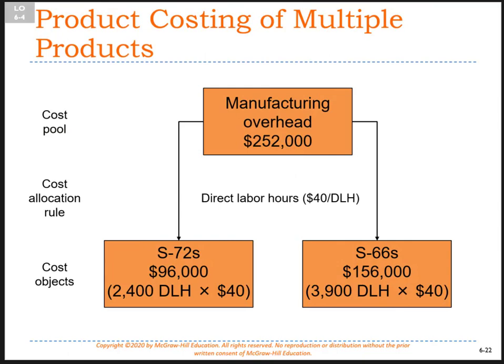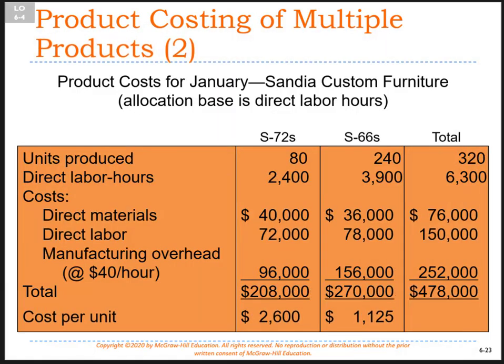Therefore, if the 252,000 is the total overhead, we're going to allocate 2,400 times 40, or 96,000, to S72s, and 156,000, or 3,900 direct labor hours times 40, to the S66s. That gives us a different per unit cost, okay, for S72s versus S66.